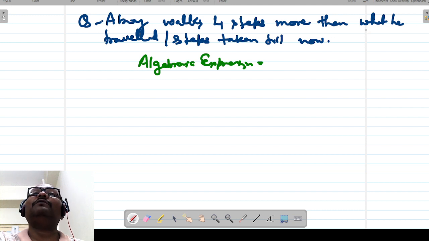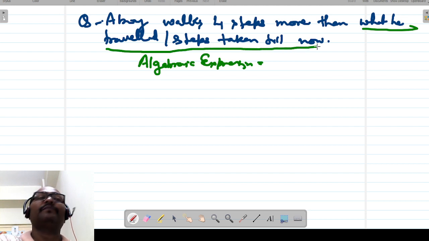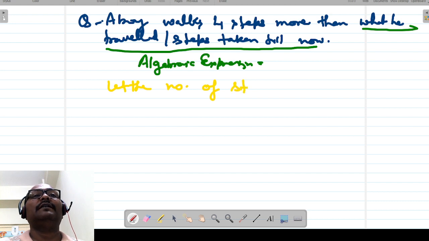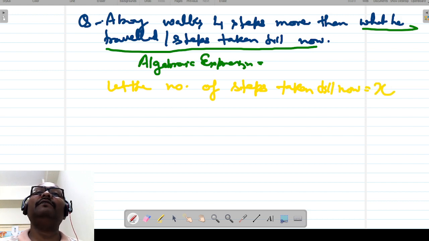What he traveled, you do not know, or what steps he has taken till now. Okay. Let the number of steps taken till now equal x, right? Then he walks 4 steps more. More means addition, here it's plus.